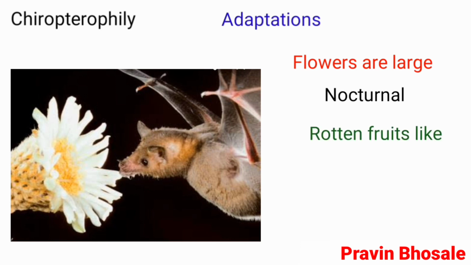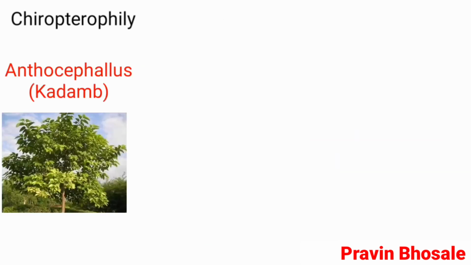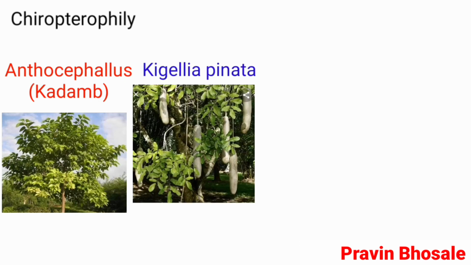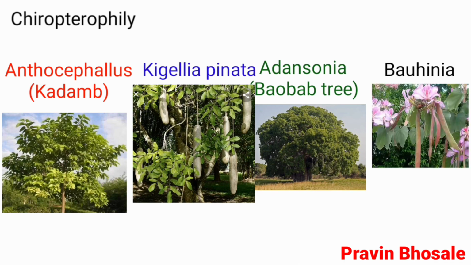Flowers emit a rotten fruit-like fermenting fruity odor. Flowers produce copious nectar. Flowers have large numbers of stamens to produce a considerably large quantity of pollen grains. Examples: Anthocephalus kadamba, Kigelia pinnata, Adansonia and Bauhinia.